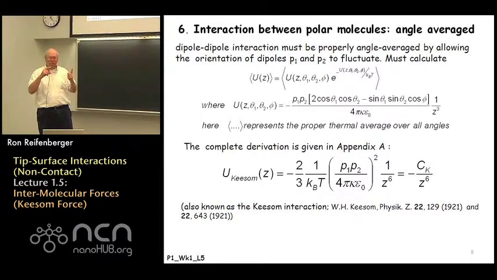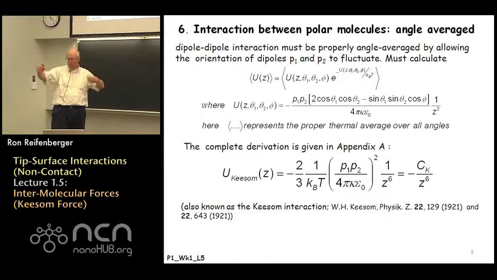Then you go to, in this case, dipole moments. You go from a 1 over Z to a 1 over Z to the 6th, which means that this interaction is very short range compared to the long range interaction between point charges.